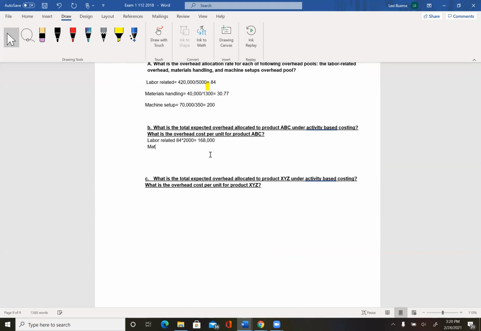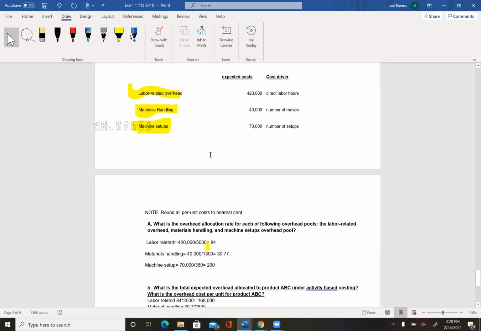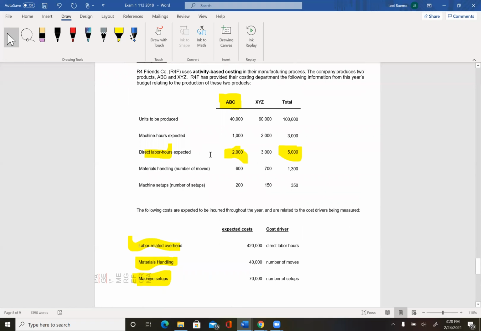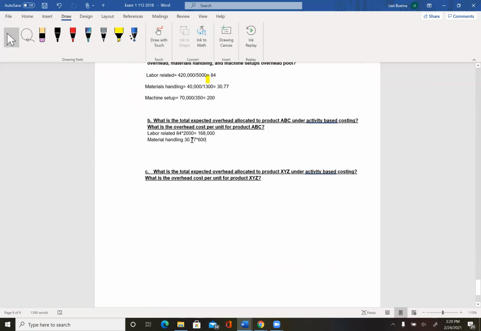And then we're going to take material handling. And we're going to take the 30.77 from above. And then we're going to multiply that by 600. And that 600 comes from right here. It's material handling for ABC. And that will give you 18,462.